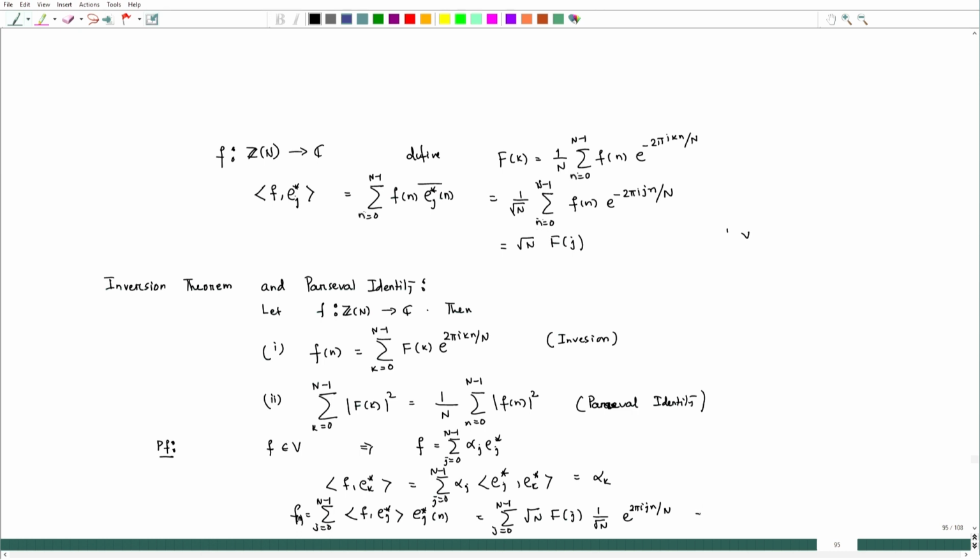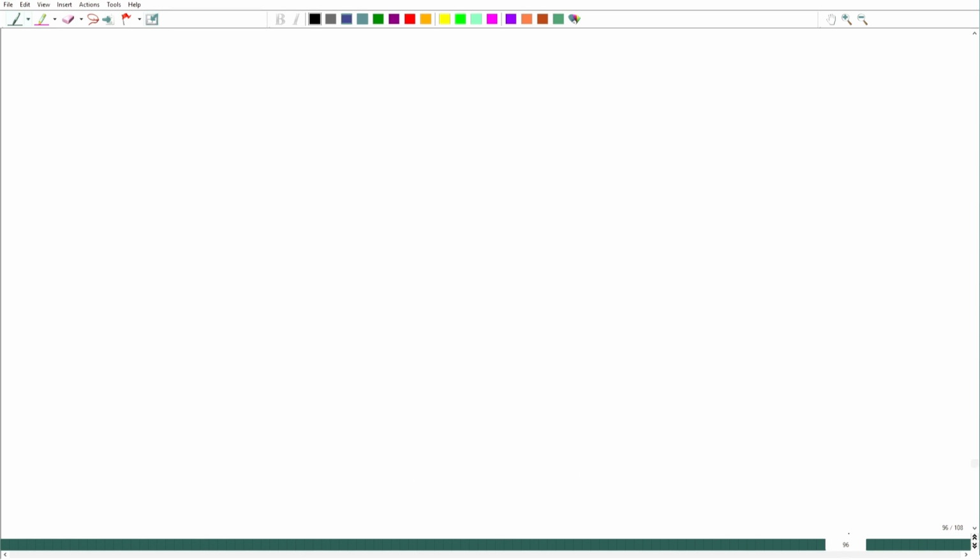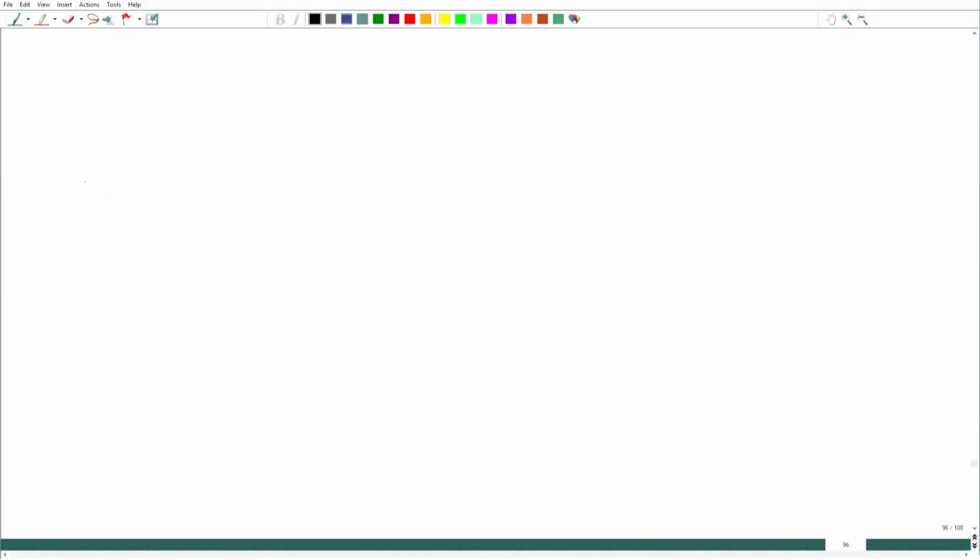So, now square root of n goes out. So, what you get is summation over j equal to 0 to n minus 1 of capital F j e to the power 2 pi i j n by n. Okay. So, that is what we have got, the inversion formula.